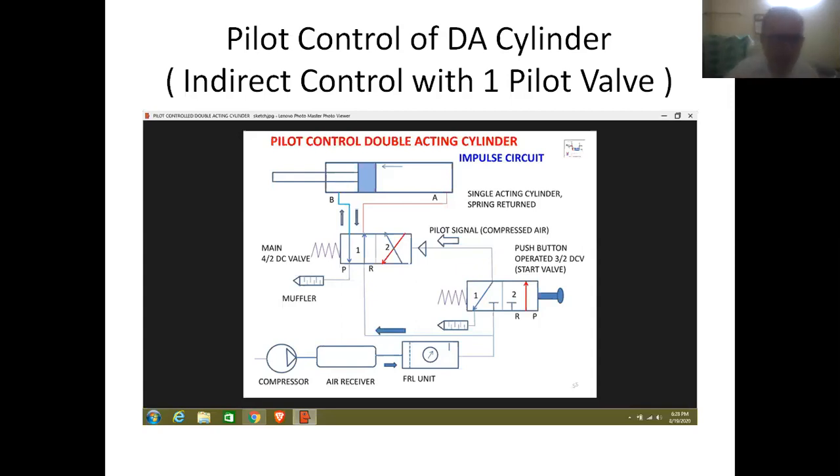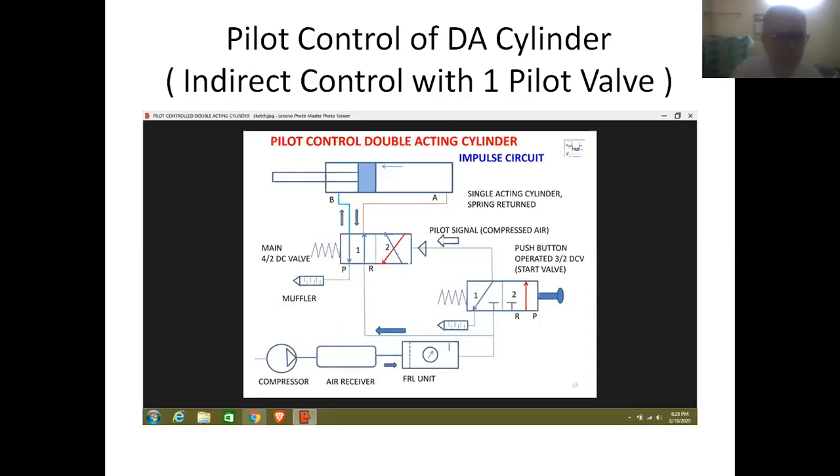Now, friends, a small correction has to be made in this diagram. This is denoted as a capital P, and this is denoted as a capital R. So this is the inlet port of the DC valve. This has to be represented by capital P, and this is the exhaust port of the DC valve.